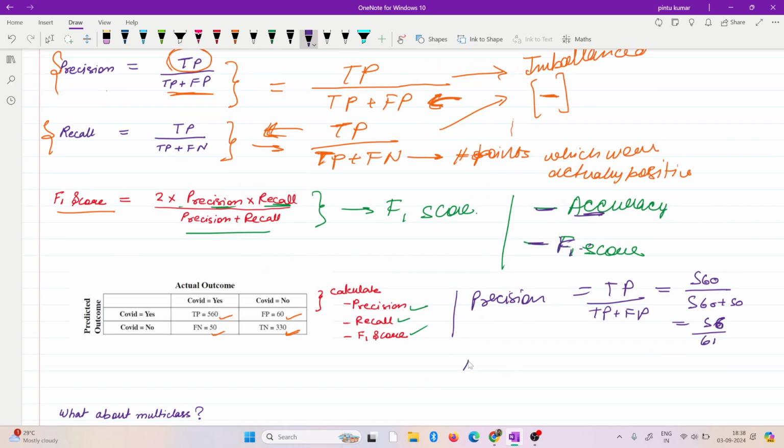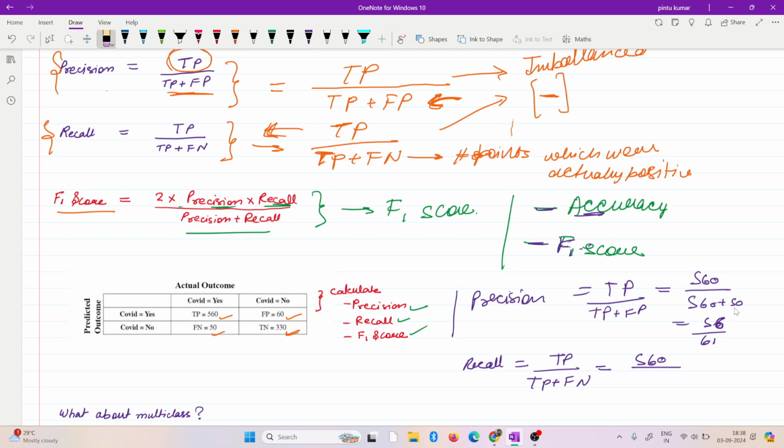Similarly, you can calculate the recall. Recall is true positive divided by true positive plus false negative, which is 560 divided by... Okay, I think I made a mistake. What I wrote here is false positive, but the value I used is for false negative.